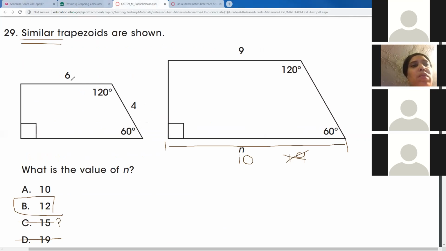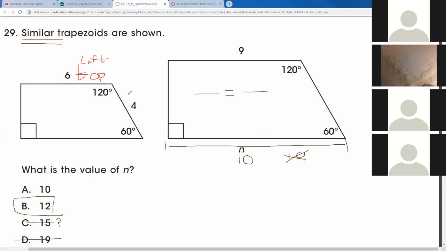So to use similar shapes, you set up what's called a proportion. I'm going to write it inside this bigger trapezoid. So we have this 6 that's the top of the trapezoid on the left. I'm going to call it left top.